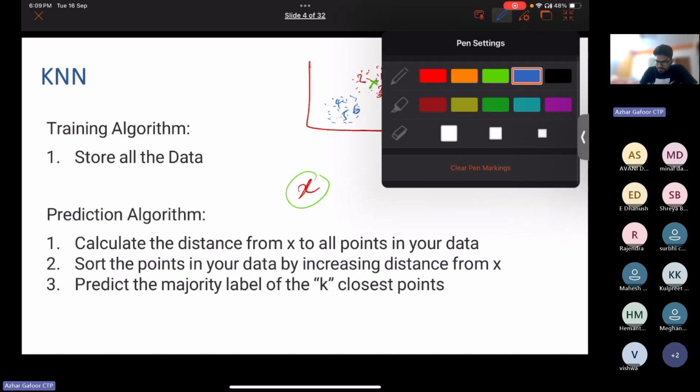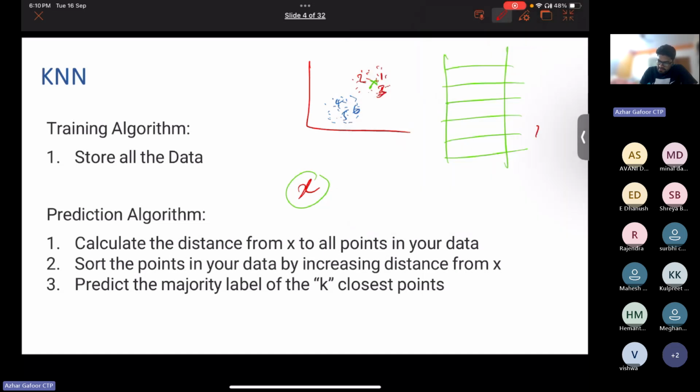In this example, the distance will be sorted like 1, then 3, 2, then 6, then maybe 4, then 5. This will be the order by which the distances will be sorted.